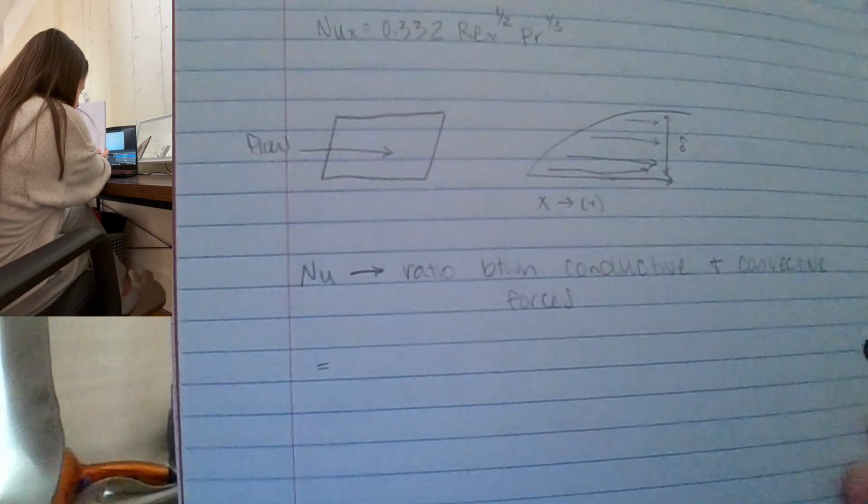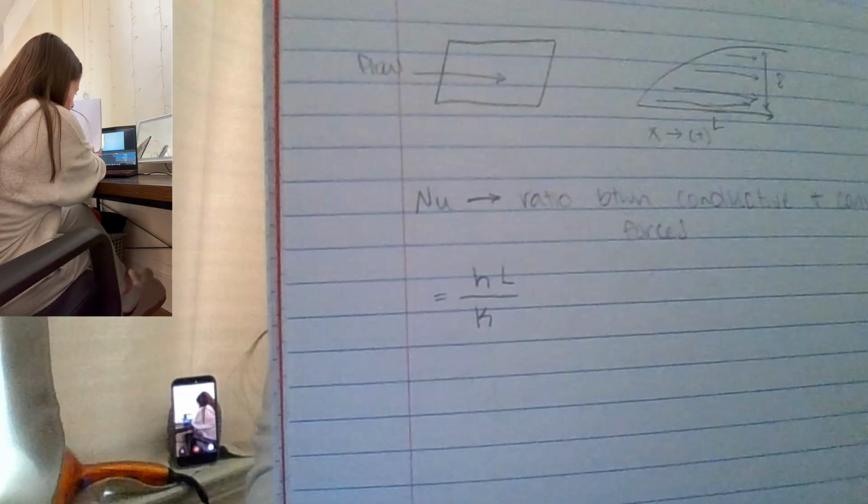So we can write this. So I just wrote down here, ratio between conductive and convective forces. So we can write this ratio as the convective force is going to be in the numerator. So that's going to be H. So if you recall back to our flux, when we learned about flux for convective and conductive forces, we know that for convective forces, that's equal to the HA, DT, etc., that equation. So H corresponds to our convective coefficient.